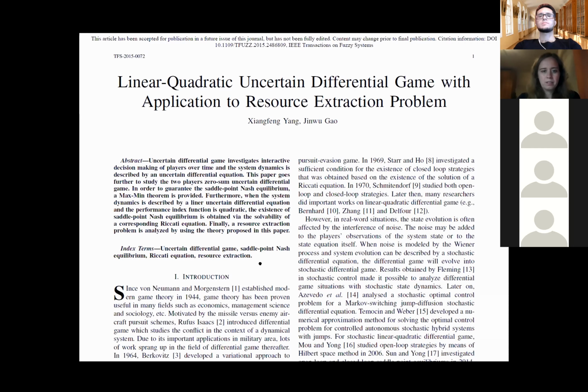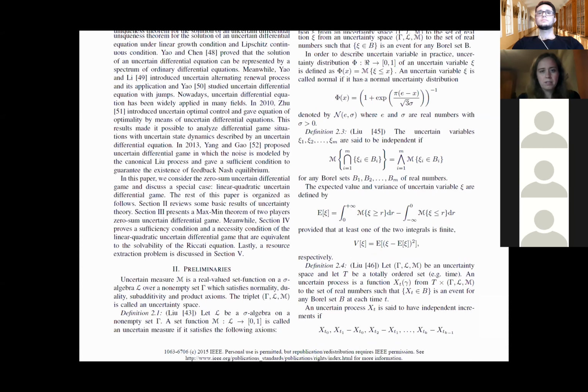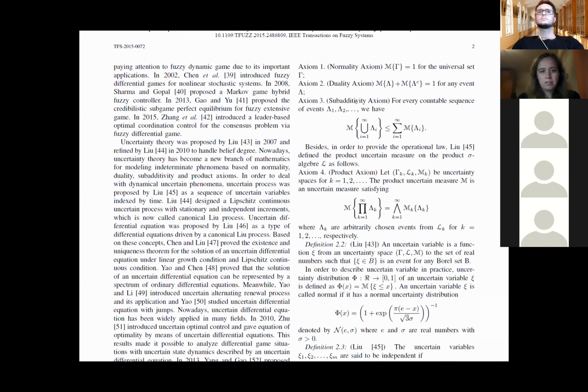Look at the preliminary. In the base of this, there are the normality axiom, duality axiom, and additivity.